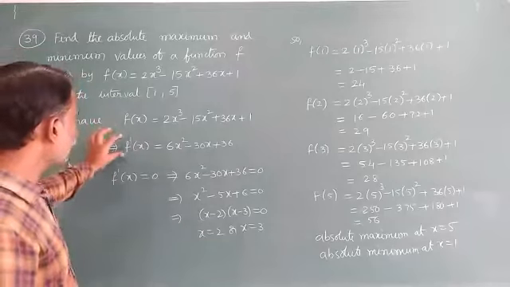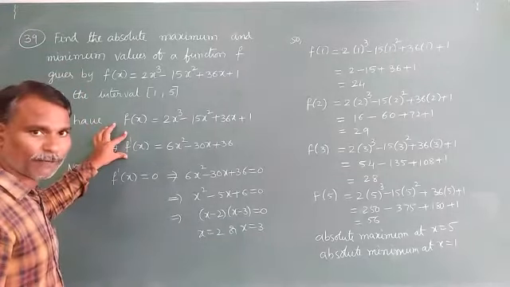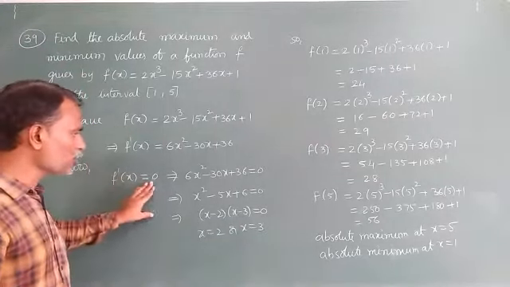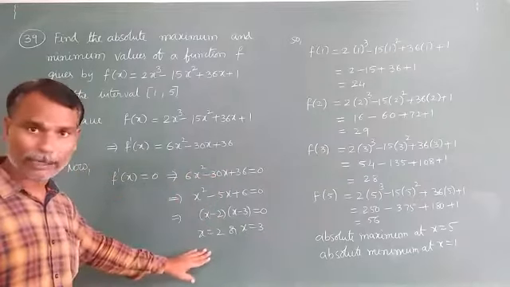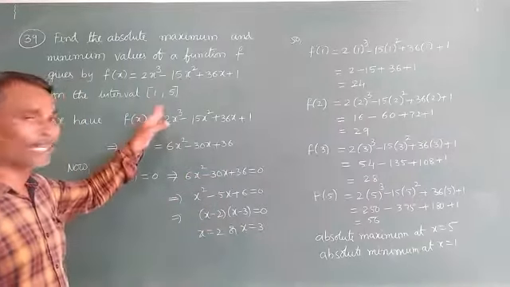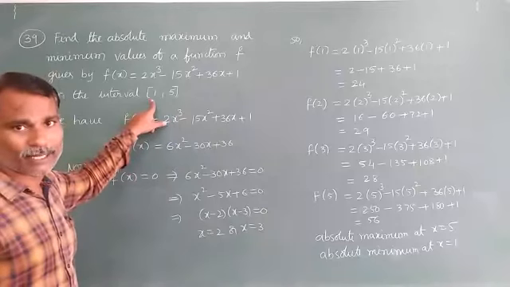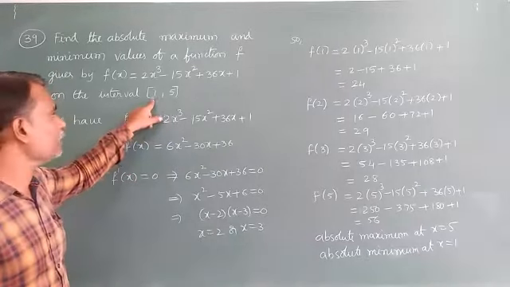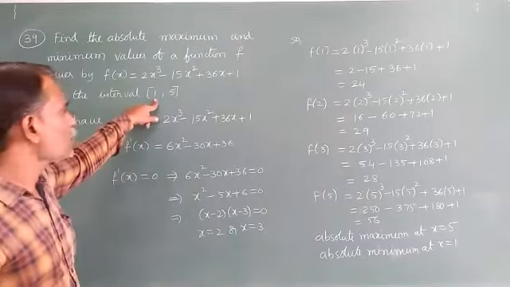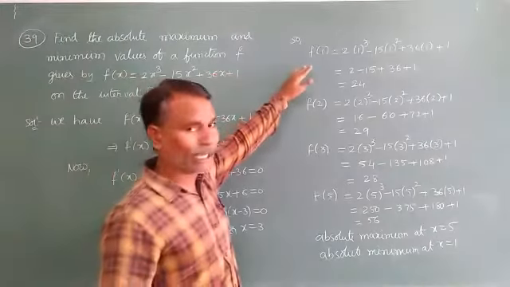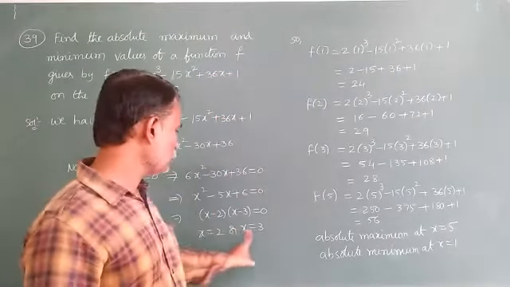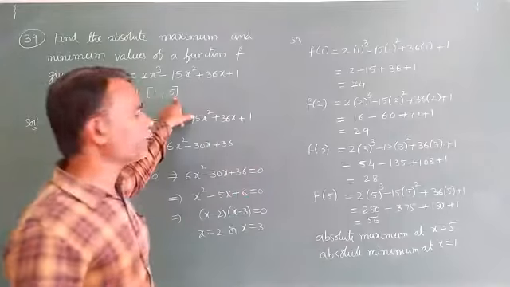Based on that, we apply the first derivative to the given function, and f dash of x equal to 0 gives the critical points. The critical points divide the closed interval, and obviously at 1 only it will change, so directly we can calculate f of 1, f of 2, f of 3 and f of 5.